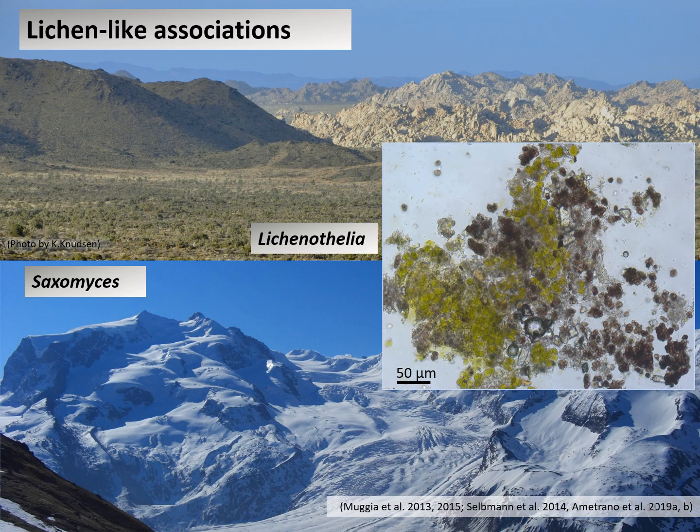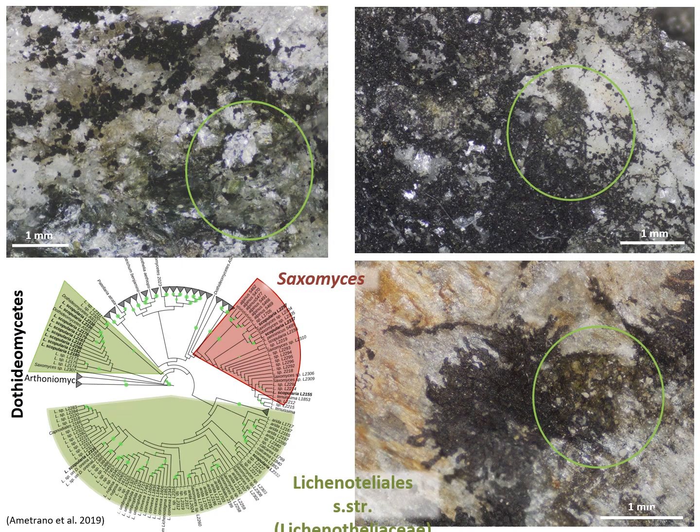In these cases, again, fungal hyphae or cell clumps of the melanized fungi grow tightly with the algal cells. And these algae can belong to different genera. We have Trebouxia, but we also have Coccomyxa. So we find a certain diversity in this association.